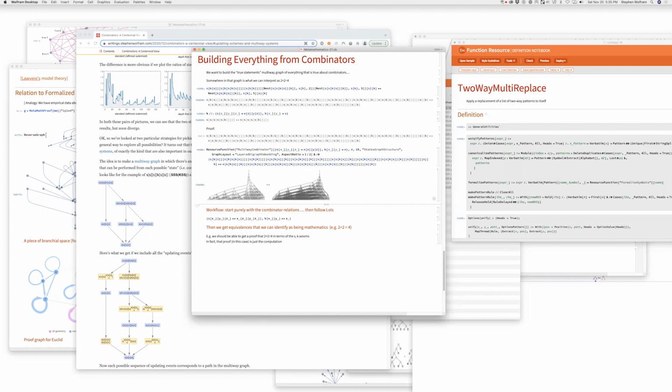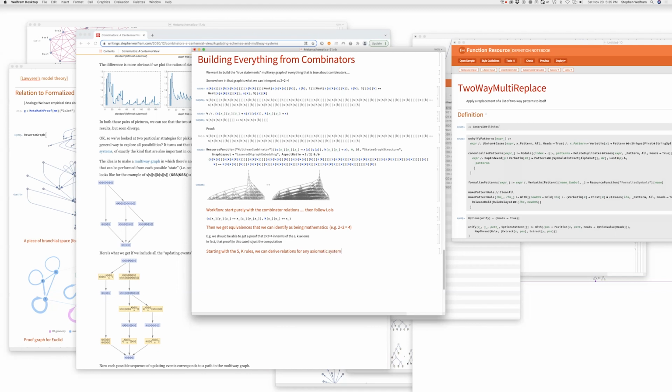So starting with the SK rules, we can derive relations for any axiomatic system.